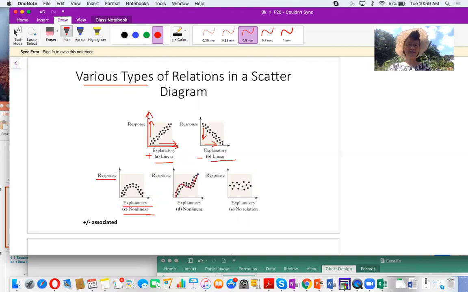This like this, non-linear. And you have no relationship at all, okay? Between explanatory variable X and the response variable Y. So these are the various types of relations in a scatter plot.